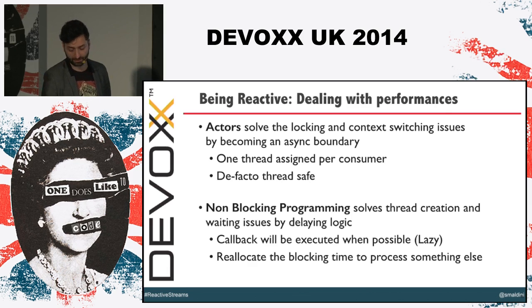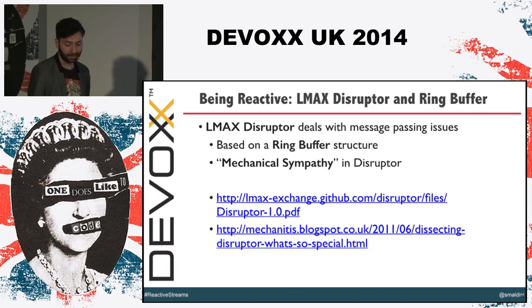If you take a good example of that, LMAX Disruptor is something you can call a non-blocking programming framework, because all the point about the ring buffer is it's a lock-free structure. You never ever lock when you push your message in the shared structure between your producer and your consumer.